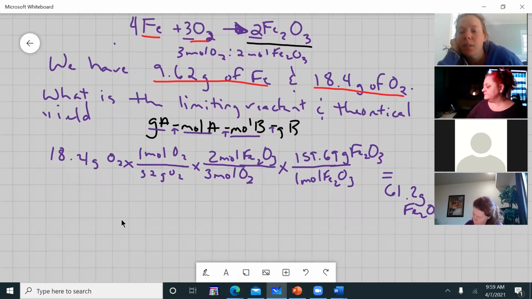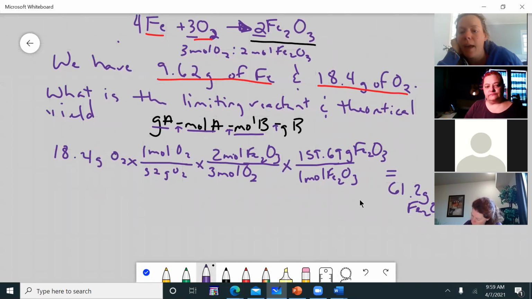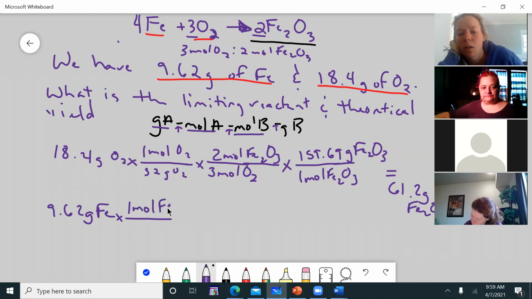As far as this problem's concerned, we are at the halfway point, right? We've calculated for one, we've got to do it for the other one. So 9.62 grams of iron. First thing is to convert iron into its mole amount. So 1 mole of iron always has a mass of, what is it, like 56?